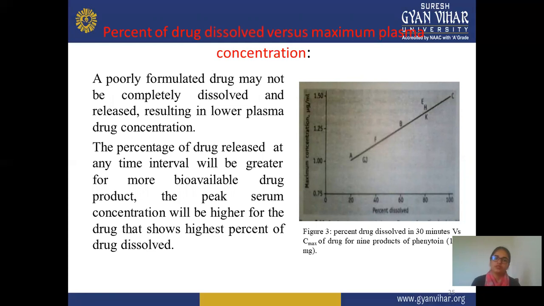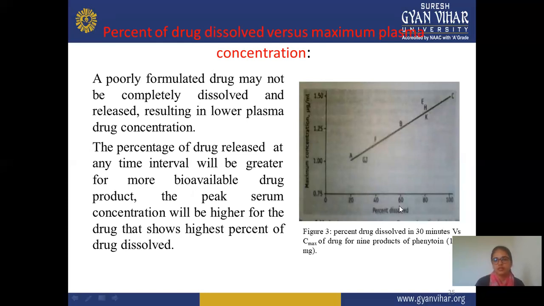Next is percent of drug dissolved versus maximum plasma concentration. A poorly formulated drug may be completely dissolved and released, resulting in lower concentration. The percentage of drug released at any time interval will be greater for a more bioavailable drug product, and the peak serum concentration will be higher for the product showing the highest percent of drug dissolved.